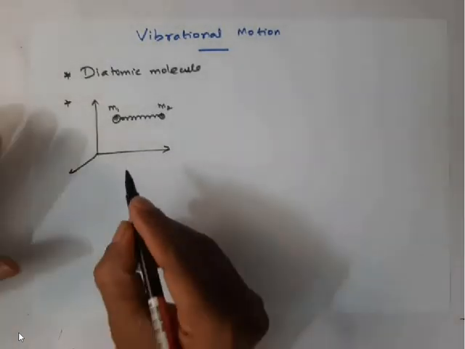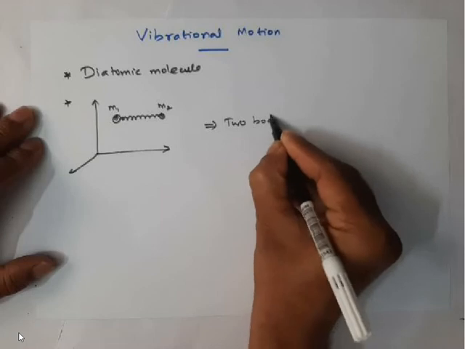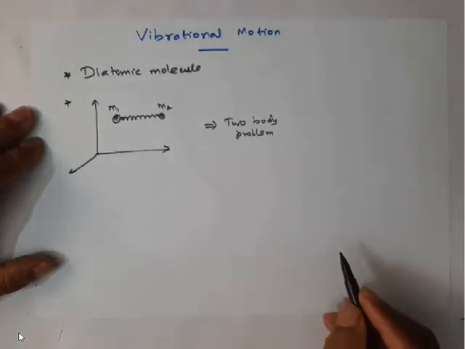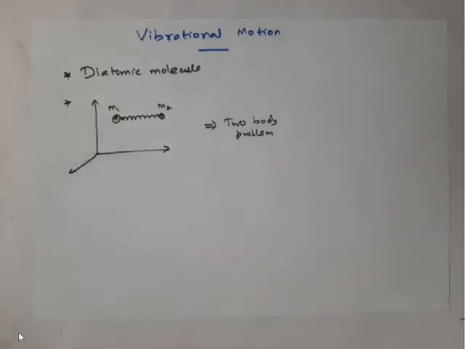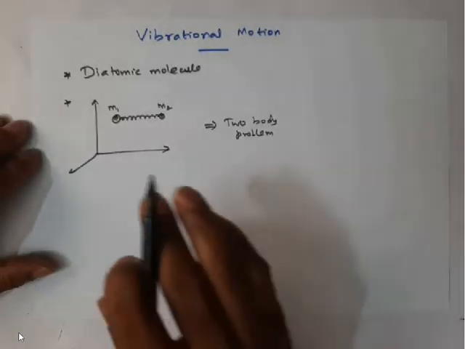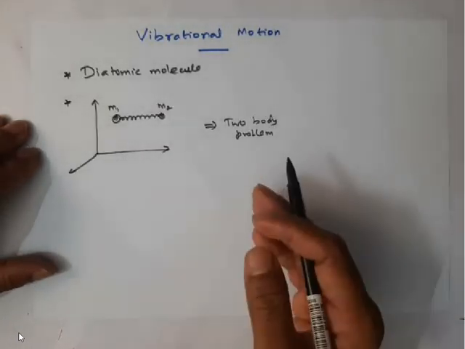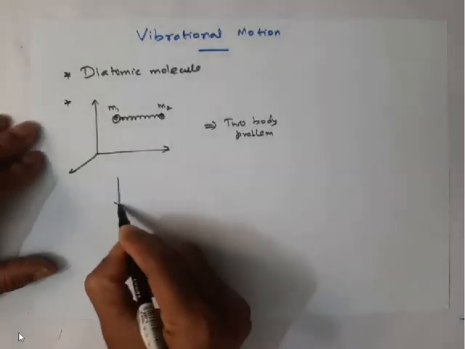It is a two-body problem, and we all know that for a two-body problem the Schrödinger equation is very difficult to solve. But you can convert a two-body problem into a one-body problem. How to do that?